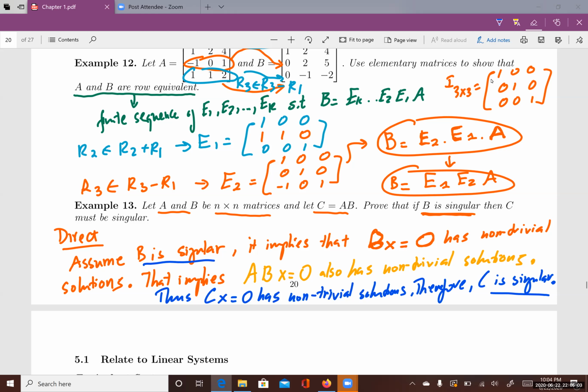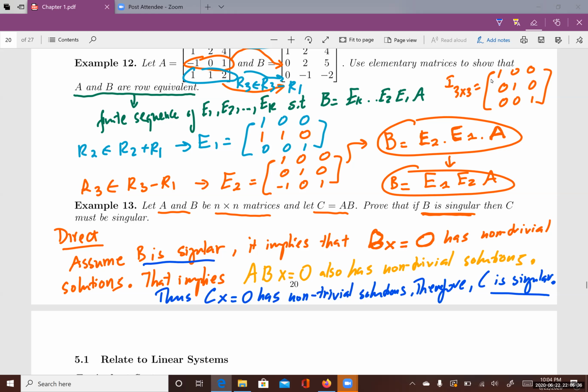But because the inverse of B doesn't exist, then B cannot reduce to the identity, so there is a non-trivial solution. Then if you multiply A to B, the system ABx also has non-trivial solutions, because these two systems are equivalent.